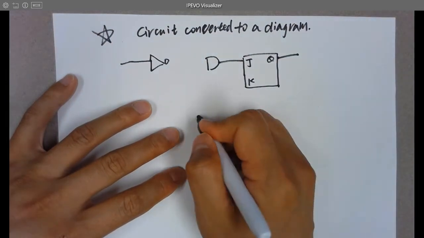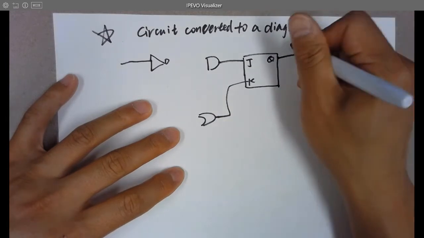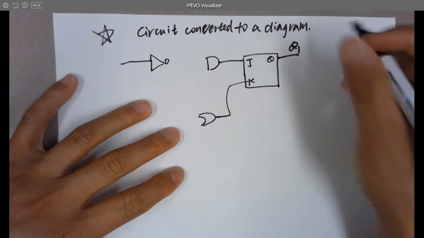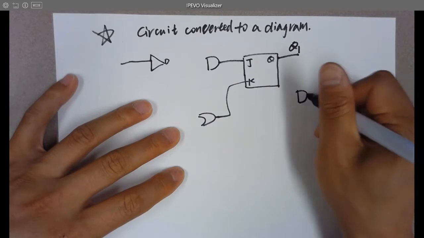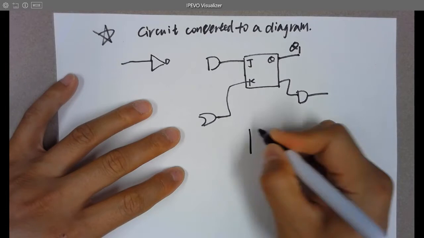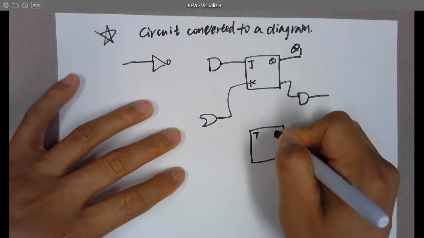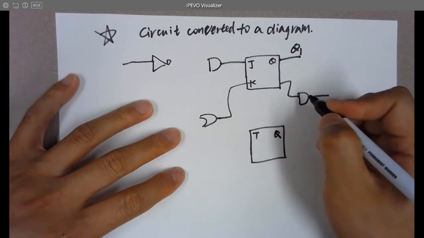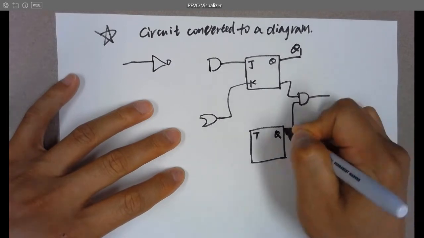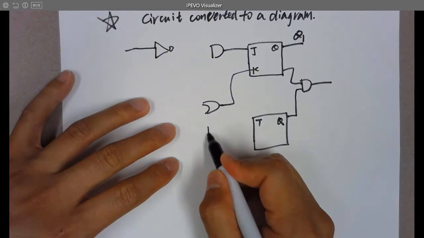And here you go, here you got an OR gate, and that's Q1. And you have an AND gate, and here is a T flip-flop. And here is a NAND gate.